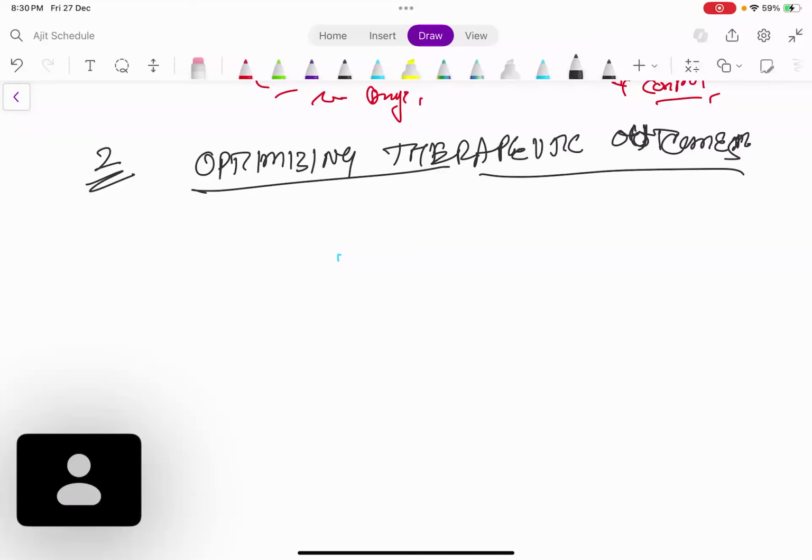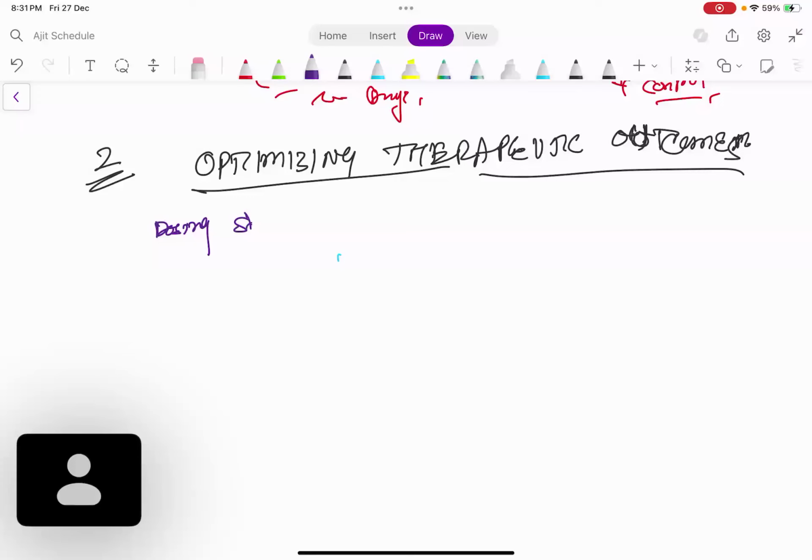We talked about dosing strategies, medication adherence, and treatment options here, right? So this is a little tricky, guys, to understand. Let's go a little more deeper into the study types. So here I'm going to talk about the dosing strategies first.